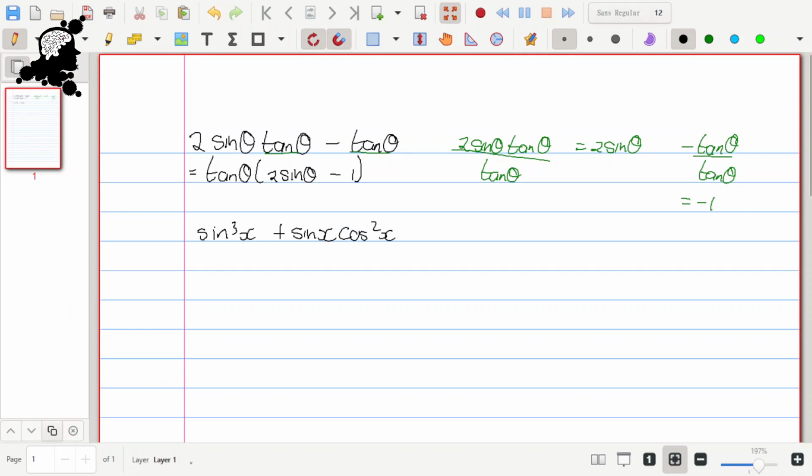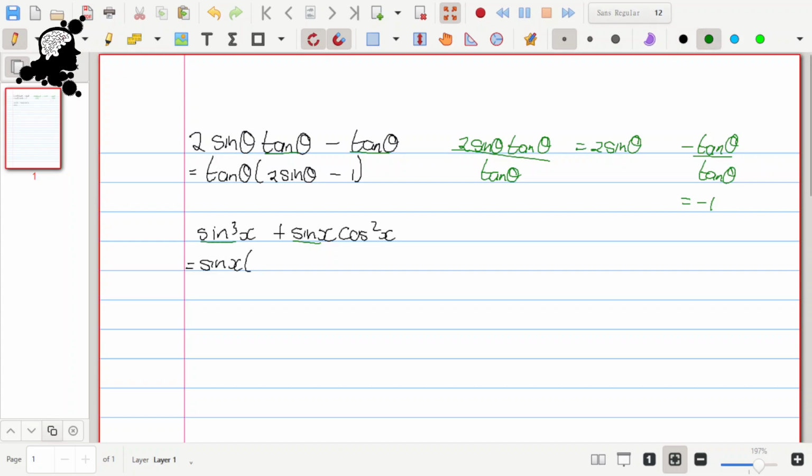Now once again, what we need to check here is whether there is a trig ratio that's present in both terms. Yes. We've got sine cubed x, we've got sine x. So we've got sine x in each of the terms.